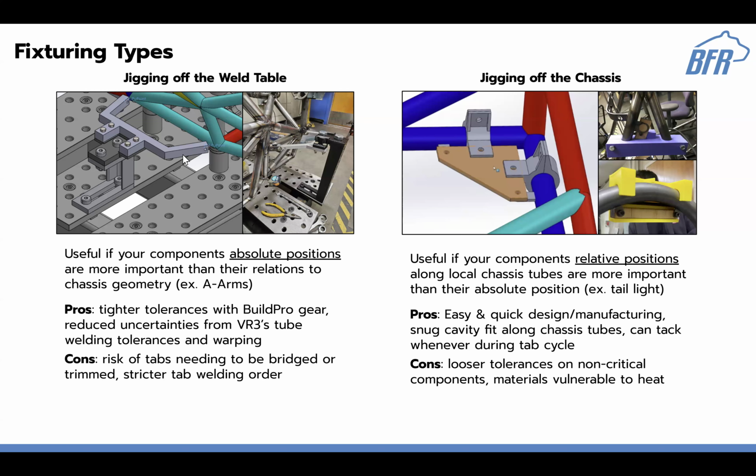It's all off of the table, which is known positions. So you're able to hit tighter tolerances using some of this Build Pro gear, which is off-the-shelf fixturing items. And like I said, it reduces some of the uncertainties that build up from the welded chassis itself. Some of the cons are because the chassis is not being directly referenced, this might lead to more tabs needing to be bridged or trimmed, since the chassis might actually be closer to the tab or farther away than expected.